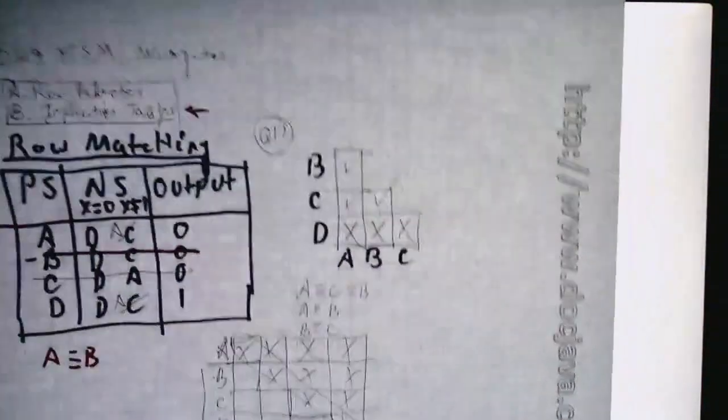Let's try question 11 since that seems to be one that's bothering people. So question 11. We'll have a present state, next state, and an output.